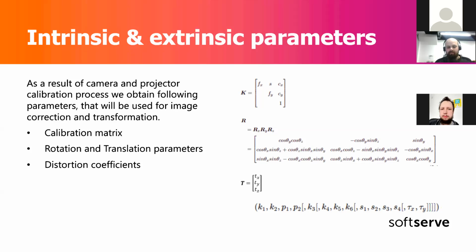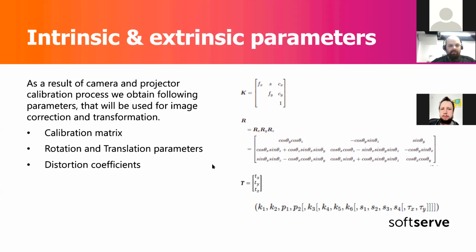It can be introduced in the manufacturing process when the camera image sensor is not parallel to the optics. In this case, we will have some skew, and it can interfere with our calibration.